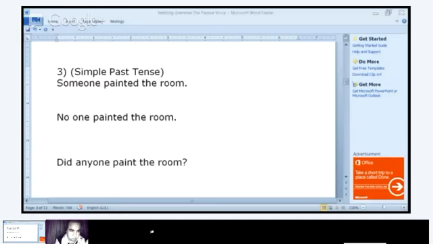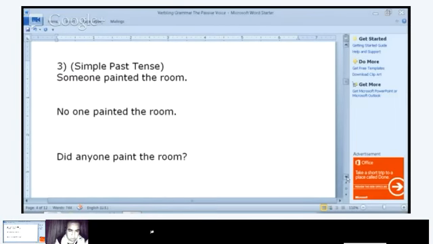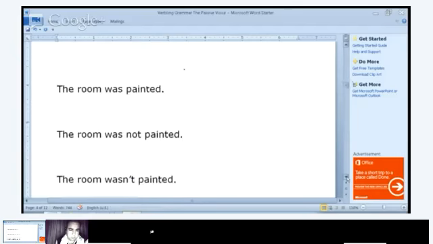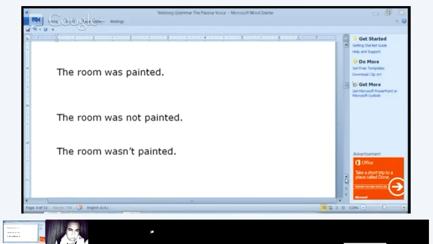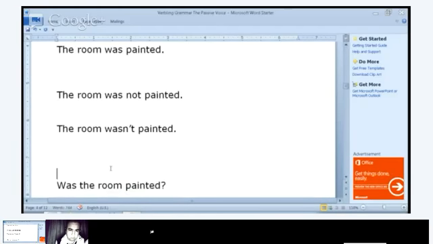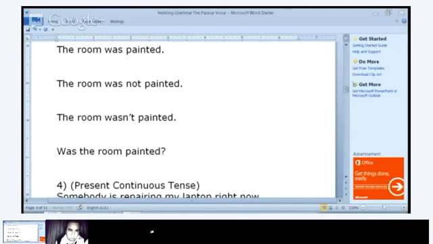Okay, let me move down and see where we are. The room was painted. The room was not painted. The room wasn't painted. And I think the simplest version would be, was the room painted? And now, this is where you can take a look at the two examples.